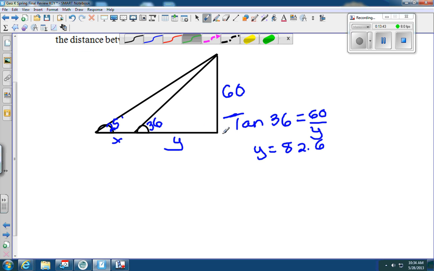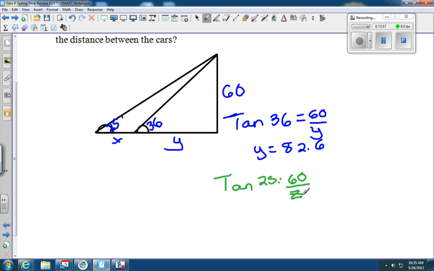So I'm going to say tangent of 25 equals 60 over z, which is the whole length. Okay, so z is equal to 60 divided by tangent of 25, which gives me 128.7.